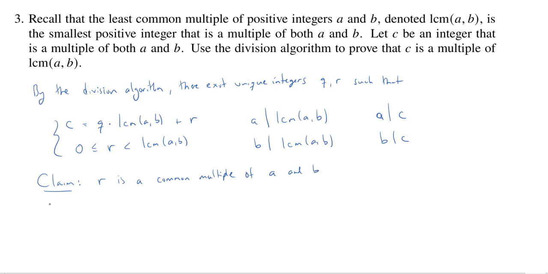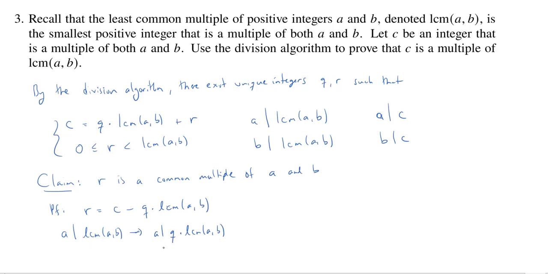Well, this is going to be pretty straightforward because we know that r is equal, well, we just solve this top equation, r is equal to c minus q times the least common multiple of a and b. Now we know that a divides c, we know that a divides the least common multiple. Of course, if it divides the least common multiple, it also divides q times the least common multiple. So a divides the LCM of a and b implies that a divides q times the LCM of a and b, but it also divides c, right?